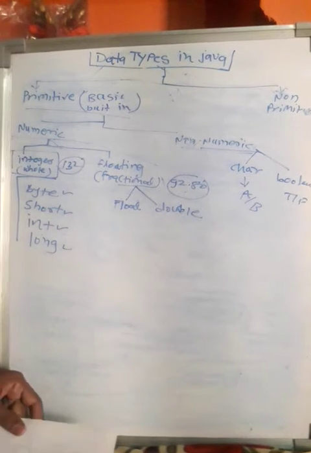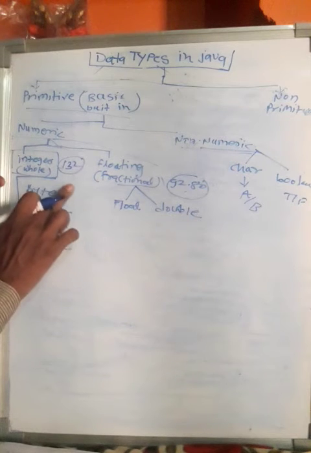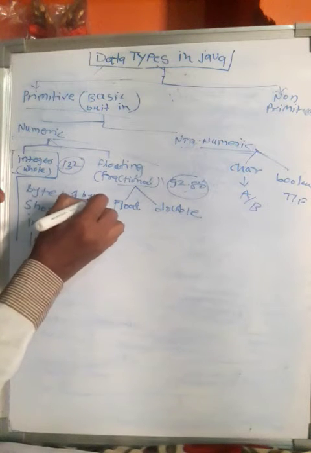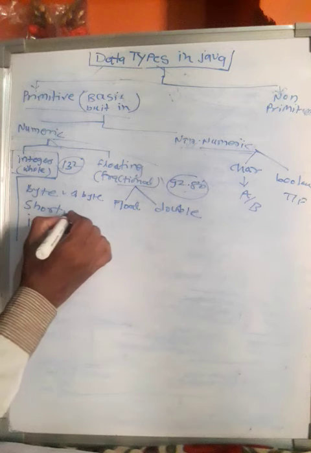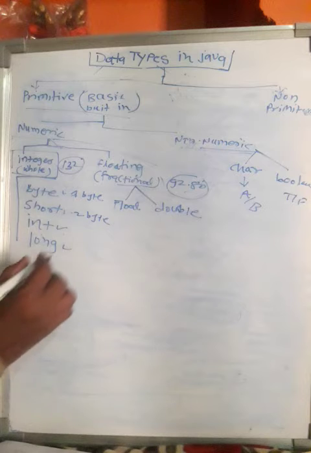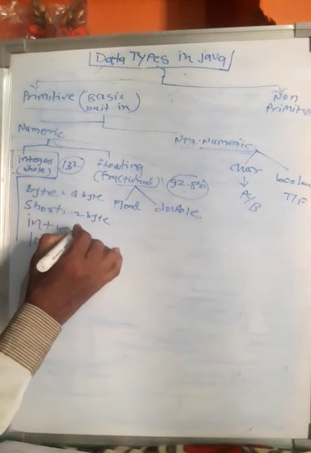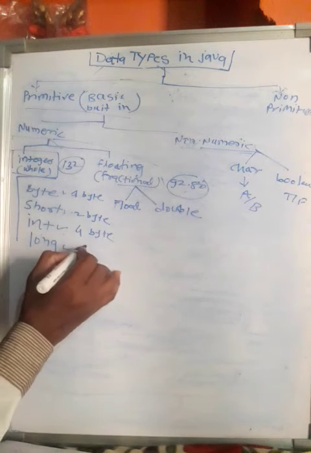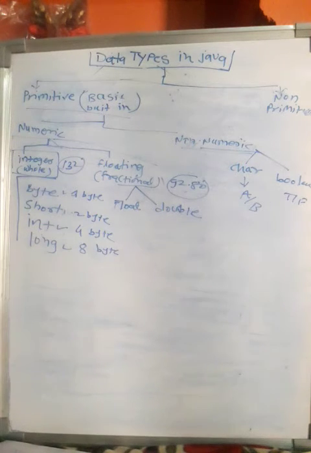Now we will see the byte data type. The byte data type requires 1 byte of memory. The short data type requires 2 bytes of memory. The integer data type requires 4 bytes, and the long data type requires 8 bytes. Depending on size, we can use either byte, short, integer or long, depending on our value and our data.